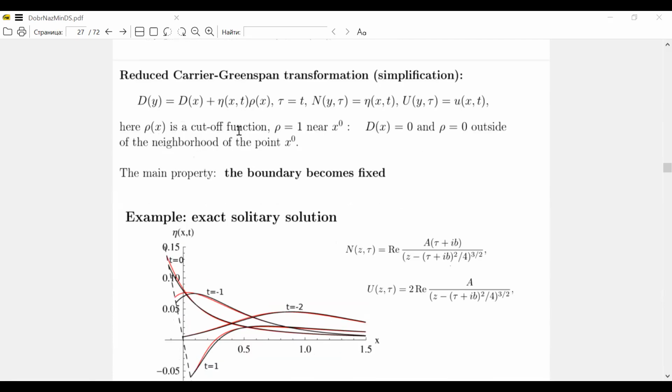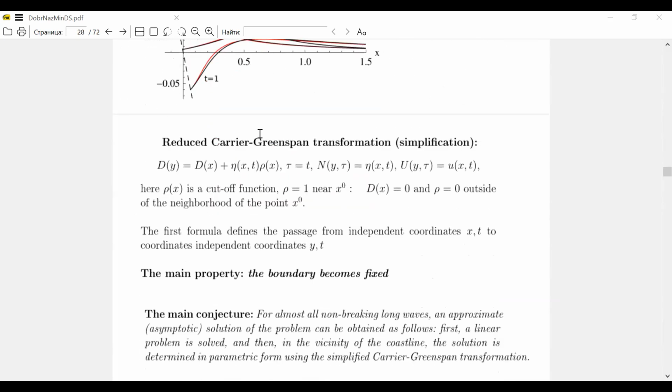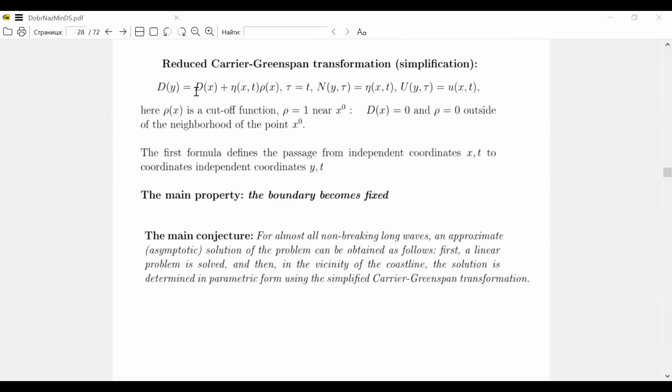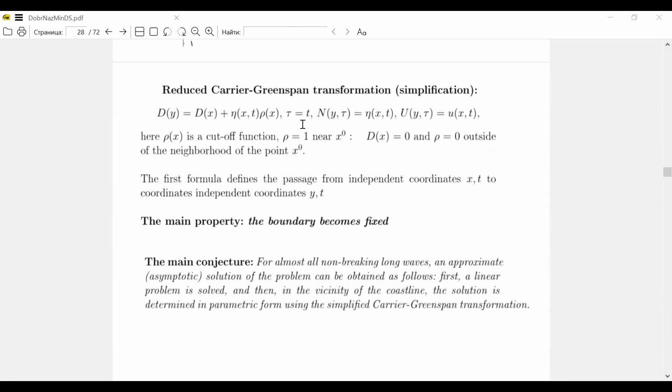Of course, it is not necessary to do it everywhere, just near the shore. And so we put here this cutoff function, and this is the sum. What do we construct? We construct the transformation which stops the boundary, because we have the free boundary.